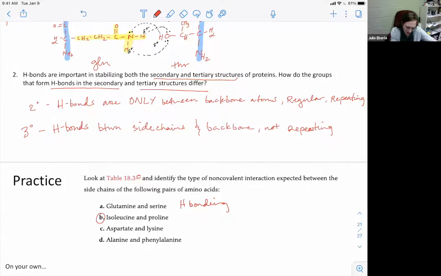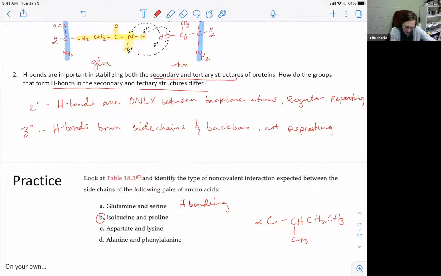So isoleucine, this is the alpha carbon. The side chain is all hydrocarbon here.